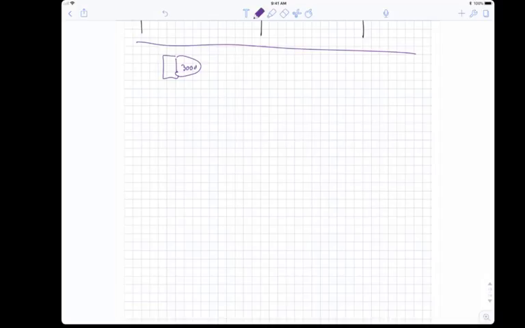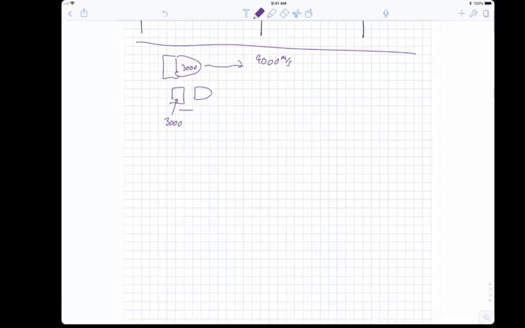3,000, and it's traveling like this at 4,000 meters per second. And then it blows up. Okay, so it's 3,000 kilogram. Oh no, wait, it's the back one that gets pushed off. So this is the 3,000 kilogram one.